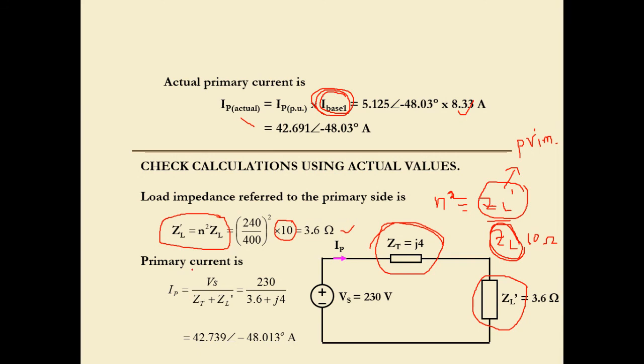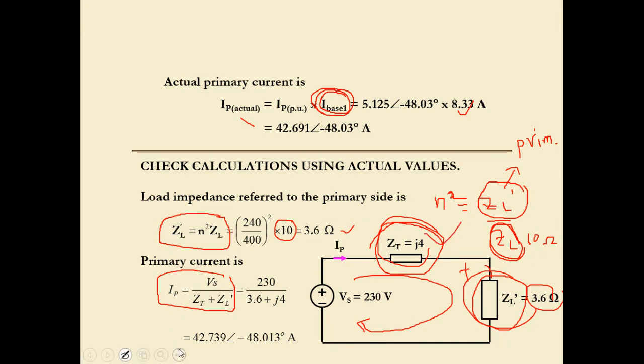The IP current, if you apply KVL, is Vs equal to IP ZT plus IP ZL. After rearranging, IP equals Vs over ZT plus ZL, so 230 over 3.6 plus j4.